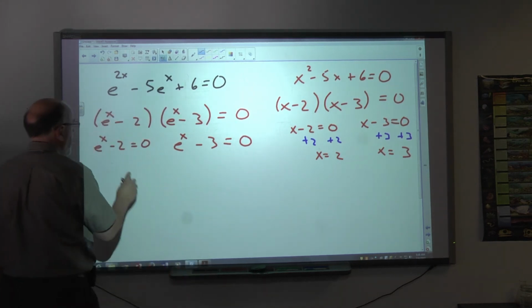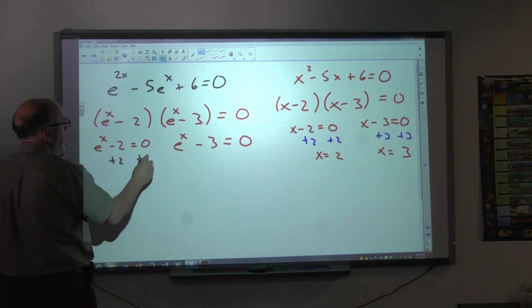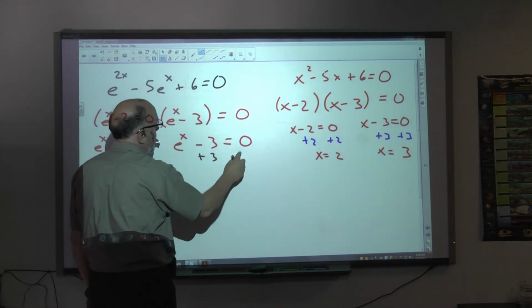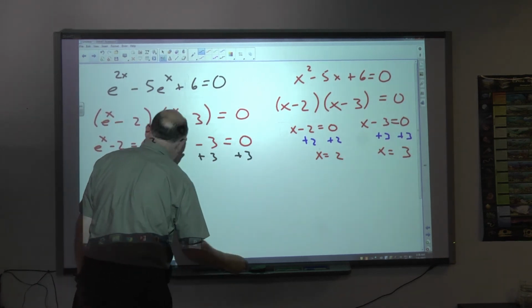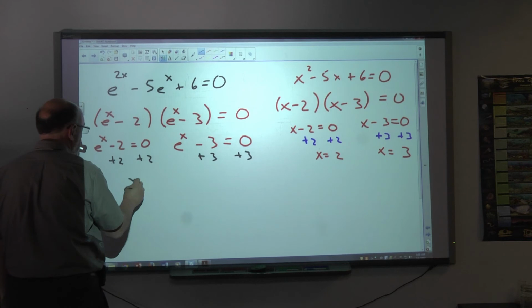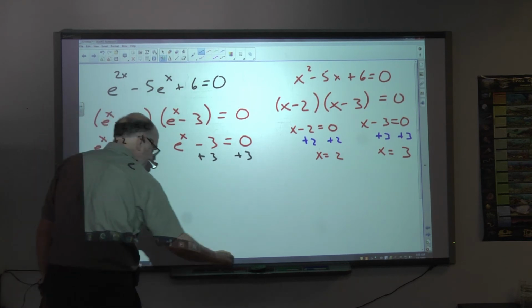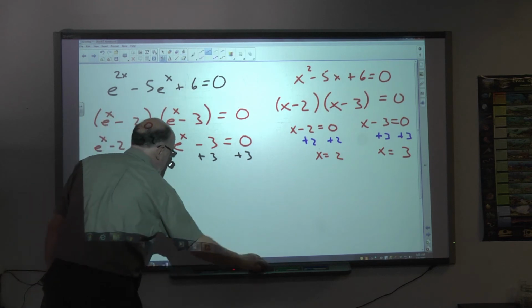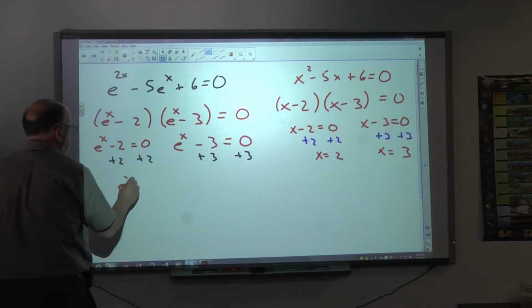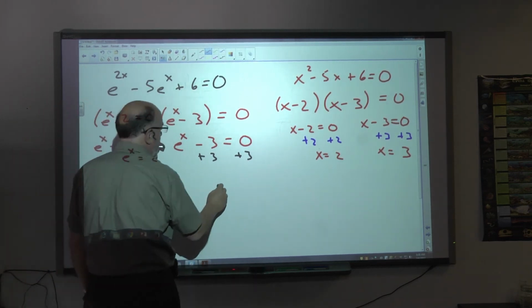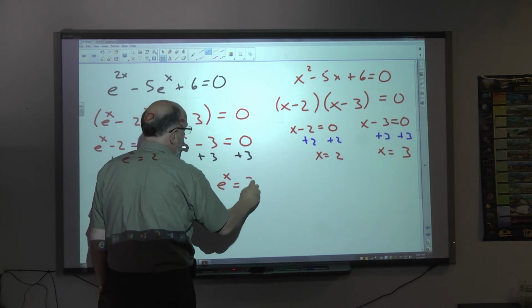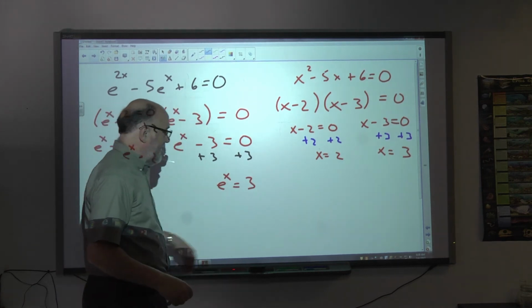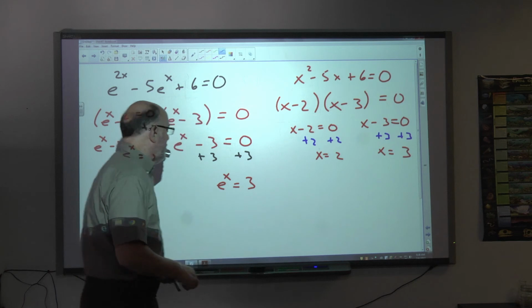And then we can bring the 2 and 3 to the other side. And so e to the x equals 2, or e to the x equals 3. And then the way we get rid of the e is by doing natural log.